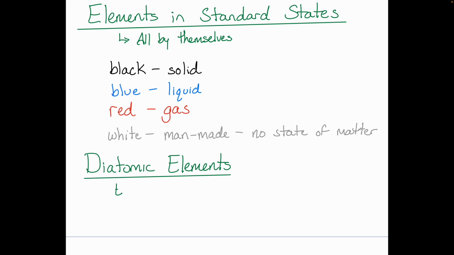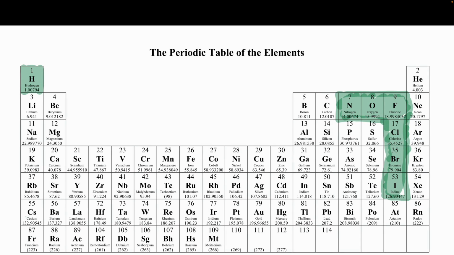So these are elements always found in pairs. Okay, so we just got to know what these elements are. All right, there are 7 diatomic elements, and conveniently they form a little 7 on the periodic table.